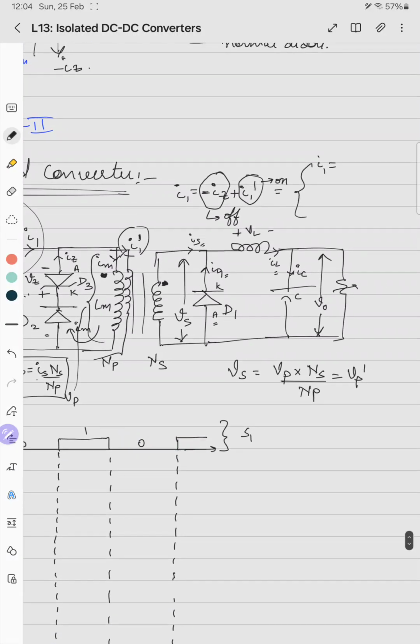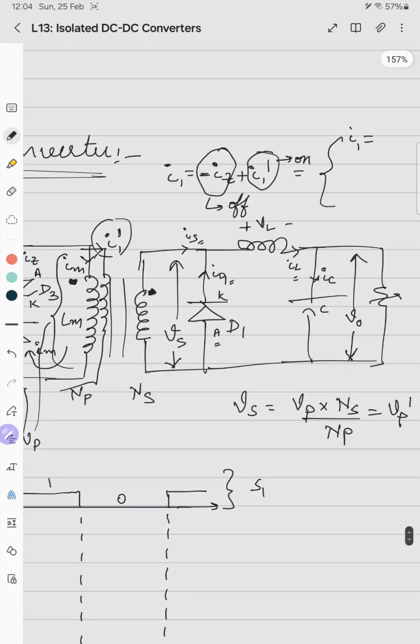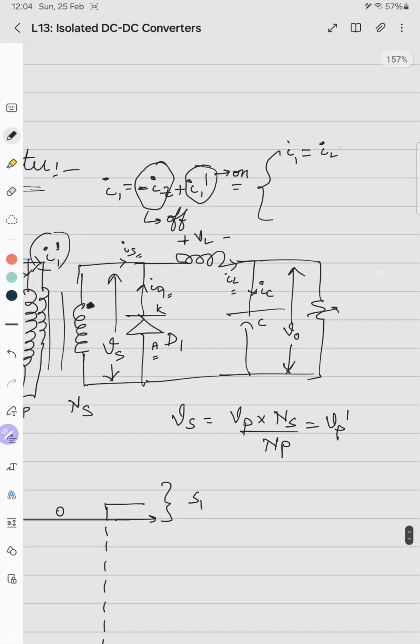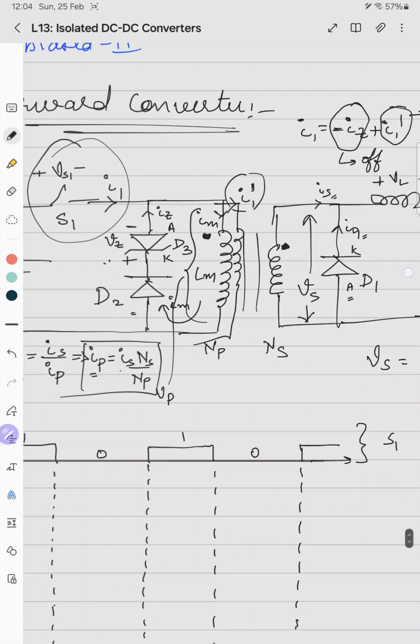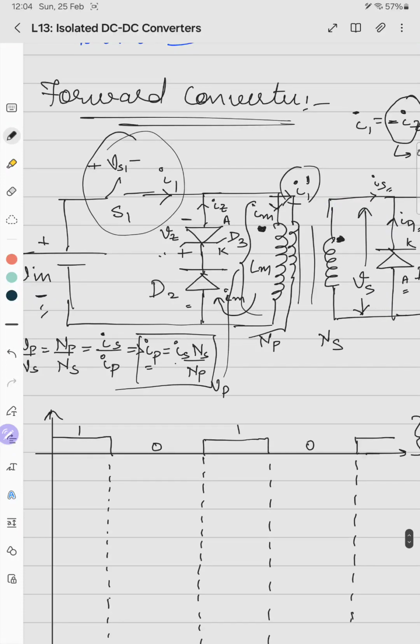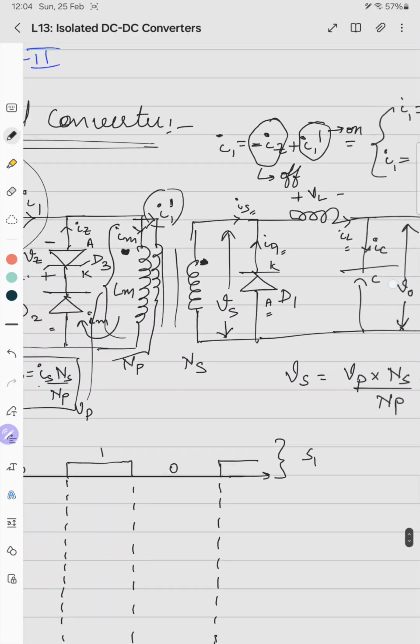When the switch is on, the diode D1 is off, and Is equals IL, so it is IL multiplied by Ns by Np when S1 is on. Similarly, what is I1 when S1 is off? It is equal to IZ, which equals IM.